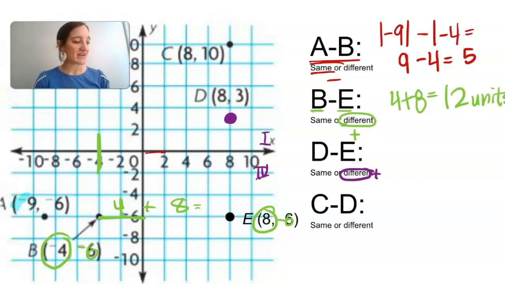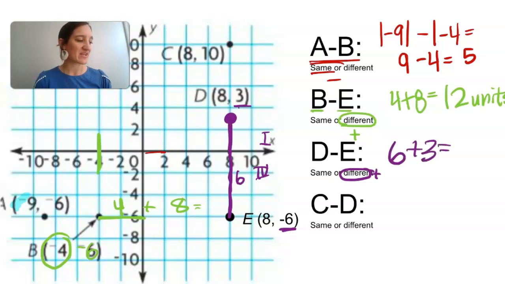If we look at our ordered pair, the y's are different. So we're going to add the 6 right here with the 3 right there. 6 plus 3, those 2 points are 9 units away. We had to add the 3 with the 6.